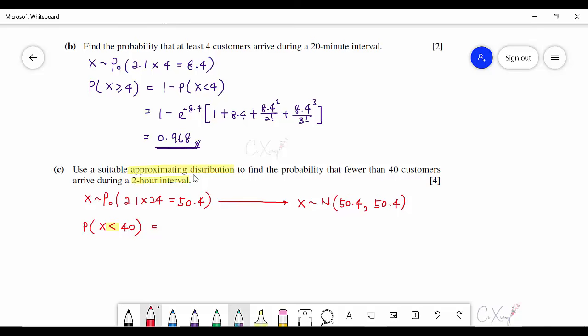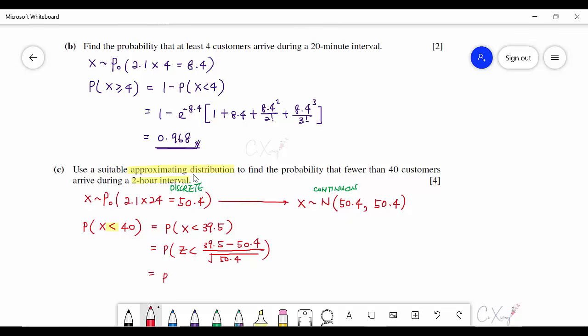When you change from Poisson, a discrete random variable, to normal, a continuous random variable, you need to do the continuity correction. For the continuity correction, smaller than 40 becomes 39.5. Then you have z smaller than 39.5 minus the mean, 50.4, divided by the standard deviation, which is the square root of 50.4.